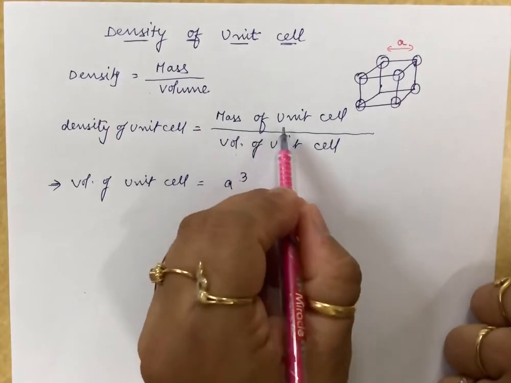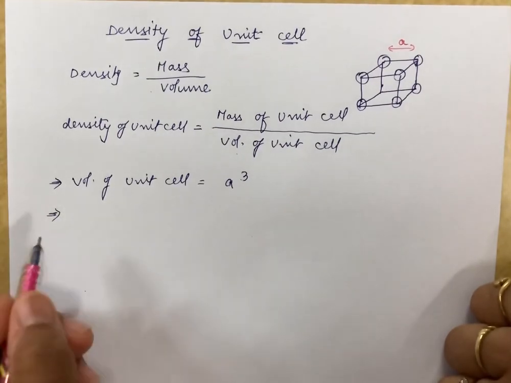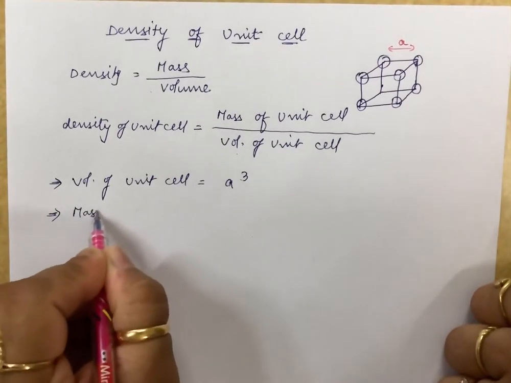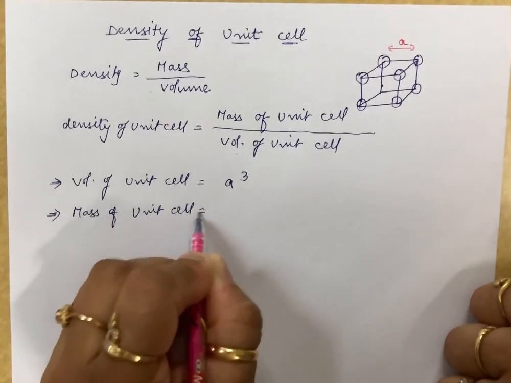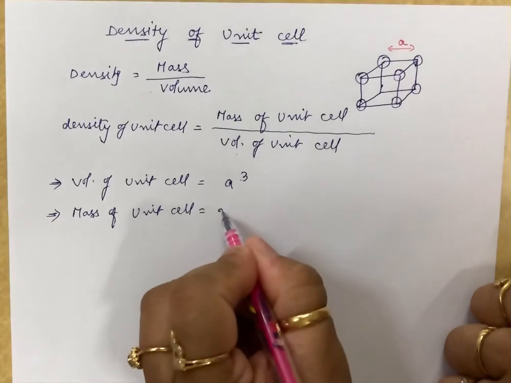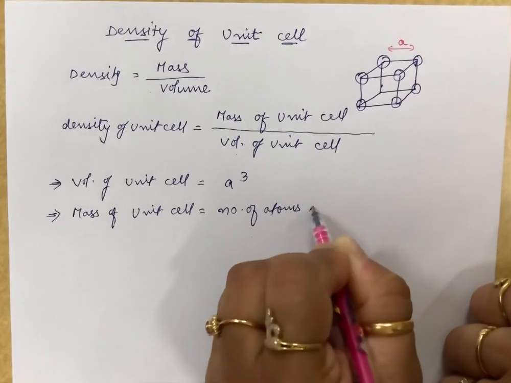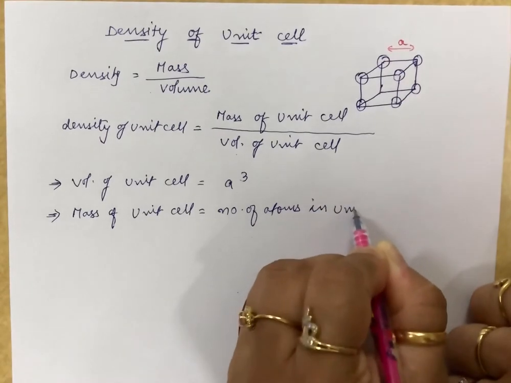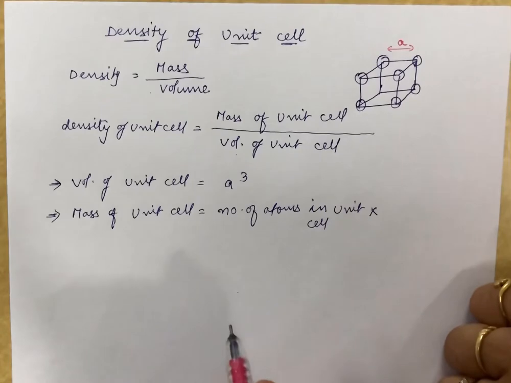But what about mass of unit cell? How can we find out the mass of unit cell? So students, we know that mass of unit cell will be nothing but the number of atoms in the unit cell, whatever you are having, multiplied by mass of each atom.